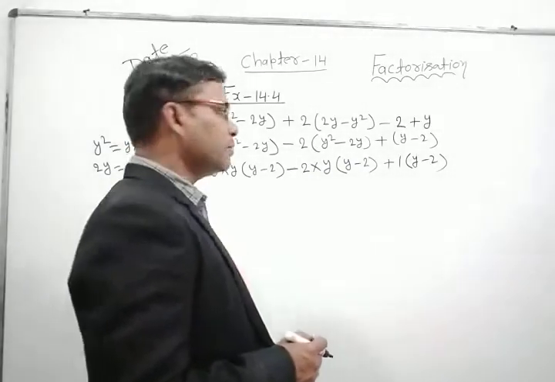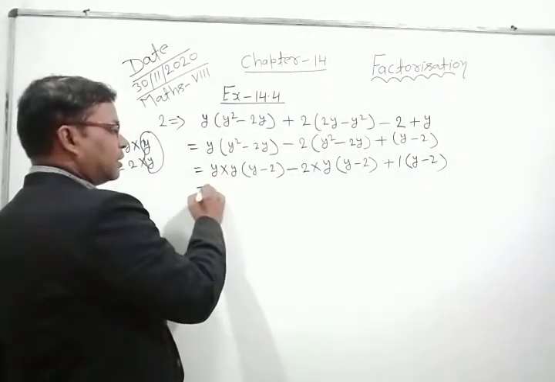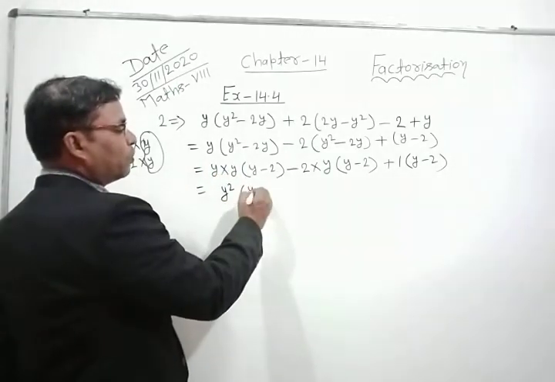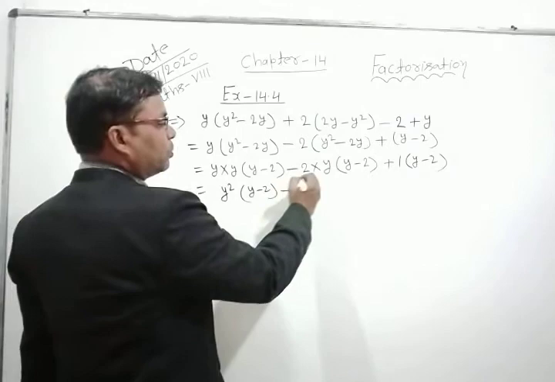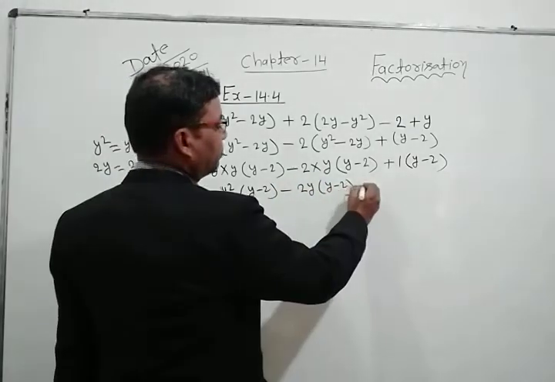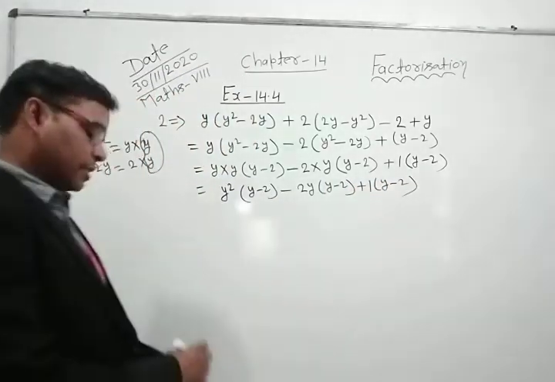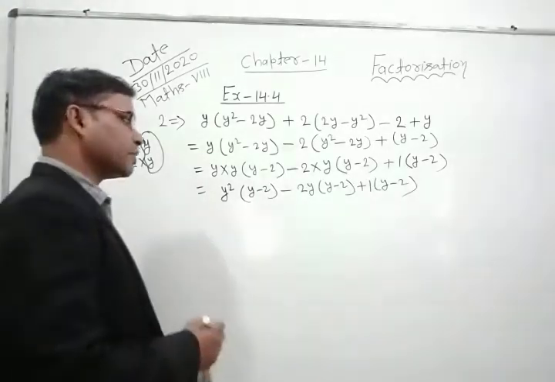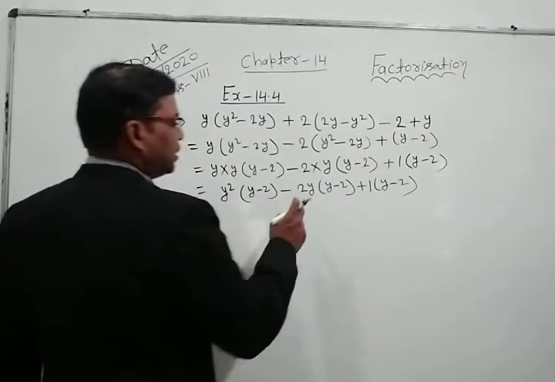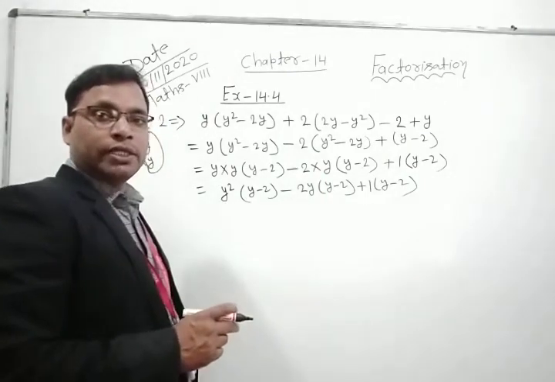Now we can write y square, y into y, it becomes y square into y minus 2, minus 2 into y, this becomes 2y into y minus 2, and here plus 1 into y minus 2. This is clear? Now in each term you can see y minus 2 is a common factor.